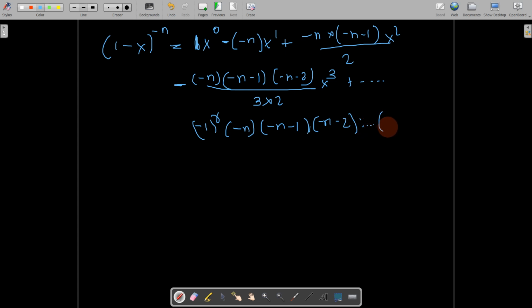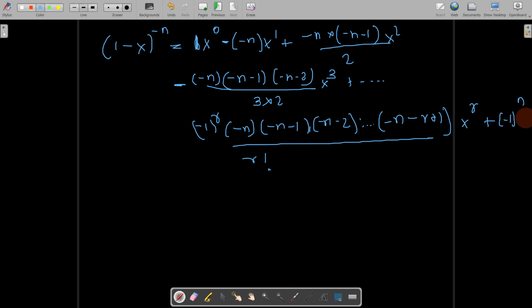So that would be so on into minus n minus r plus 1, by r factorial, x to the power r, plus n choose n is nothing but 1. So I can write it minus 1 to the power n, n choose n, x to the power n.